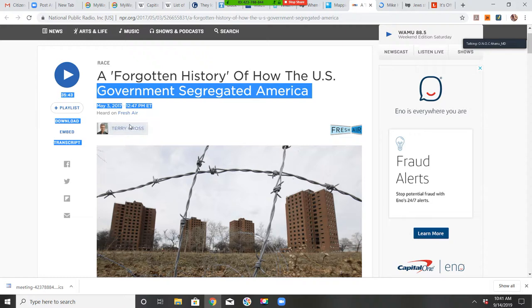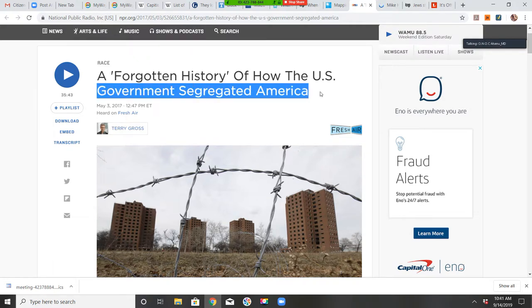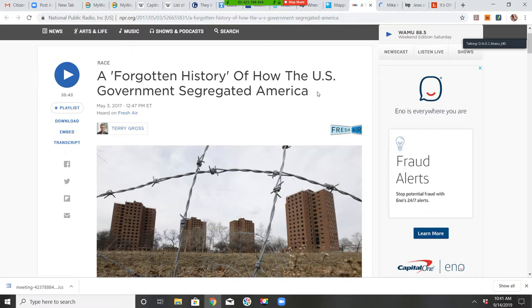Checking white changes how the government has to treat you. One, because you're a citizen. Two, because you're not separated from the people that they're trying to give the privilege to. I brought this article up because I want to reiterate the fact.